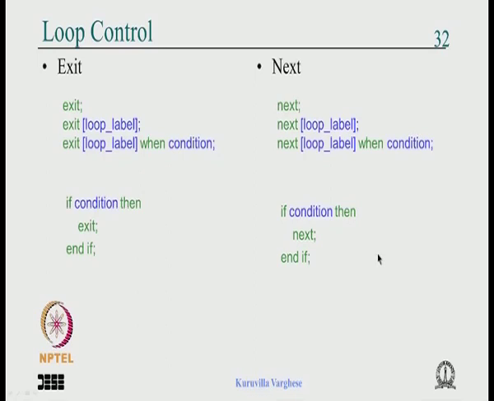But if you yourself are not sure what kind of circuit this will generate, there is less chance that the synthesis tool will do some magic and give you a circuit with the behavior that you have written in the VHDL using exit or next and so on. That should be kept in mind.